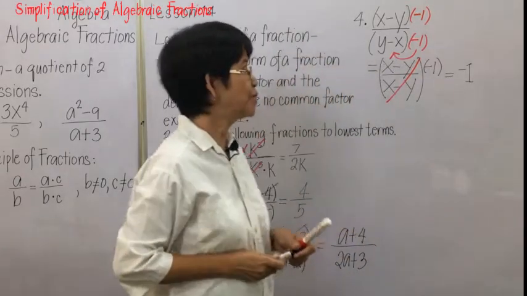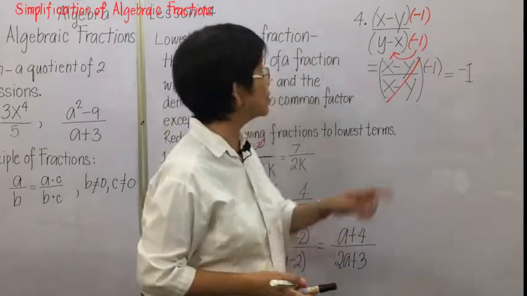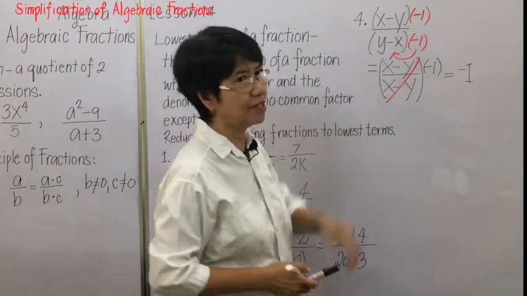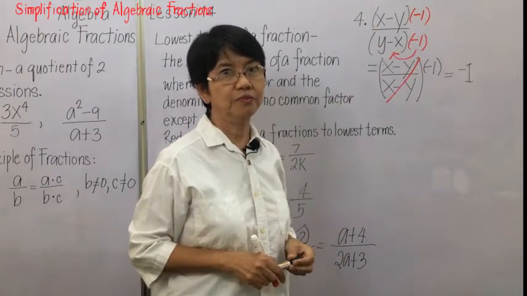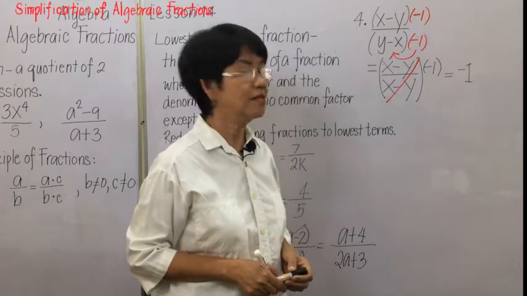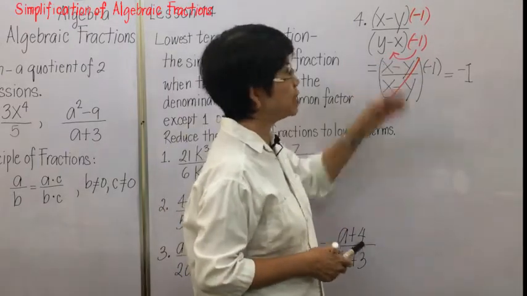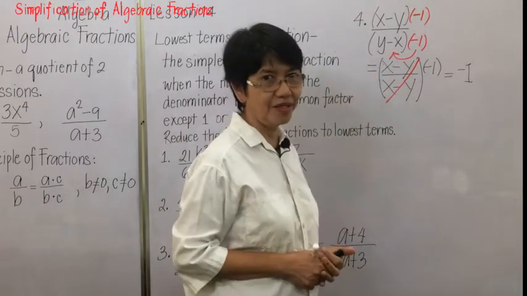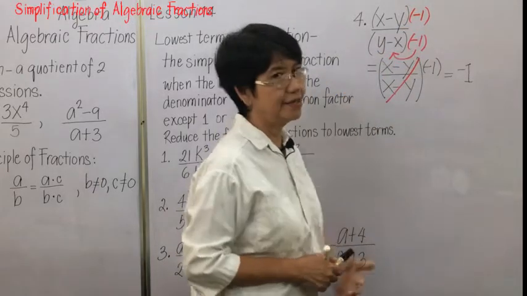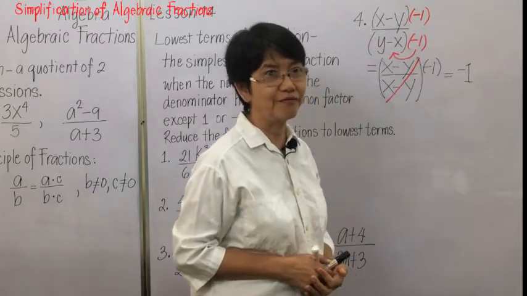So in cases where you have a binomial where the signs of the two terms are just opposite, then it will be cancelable when you multiply by -1 over -1.